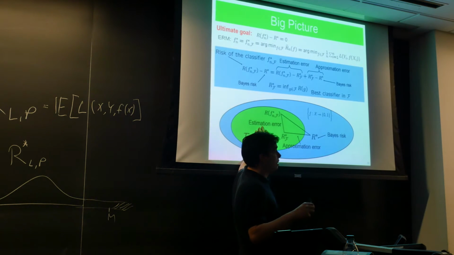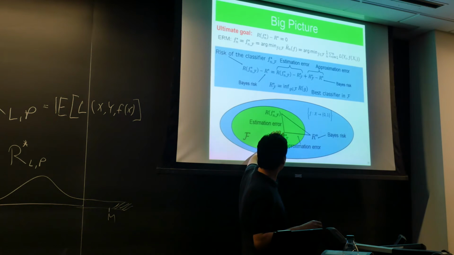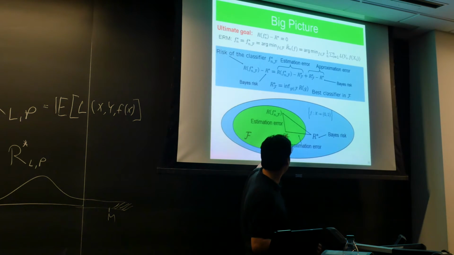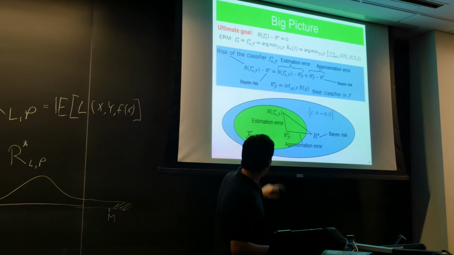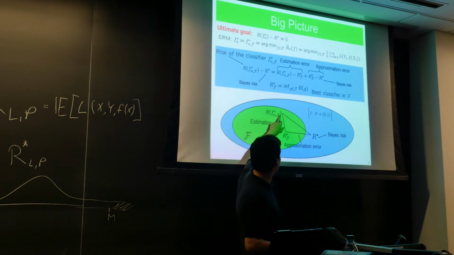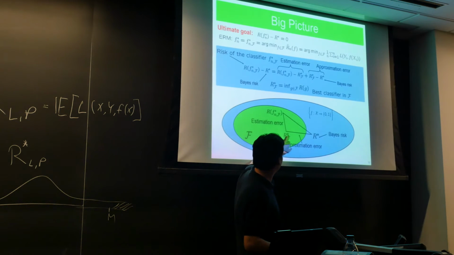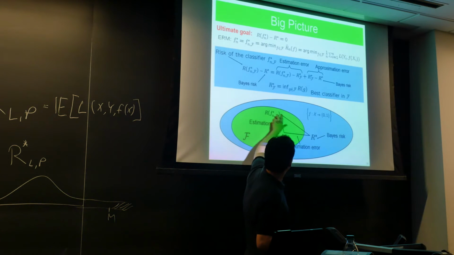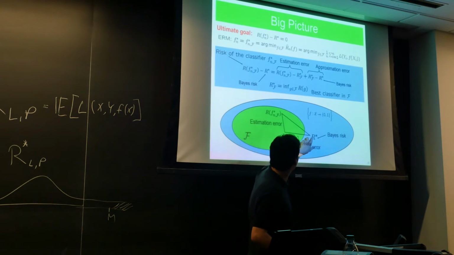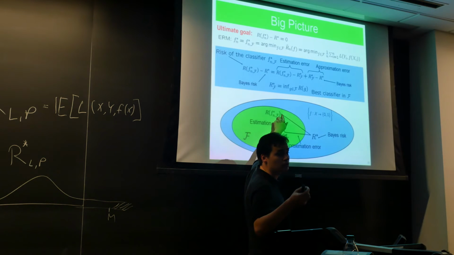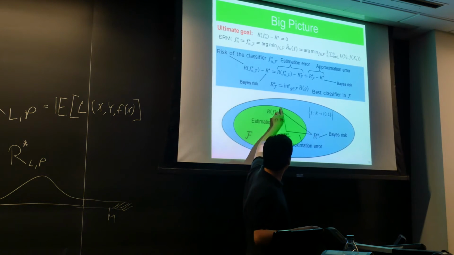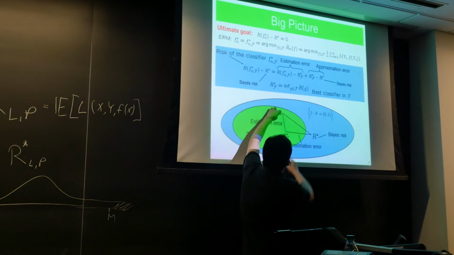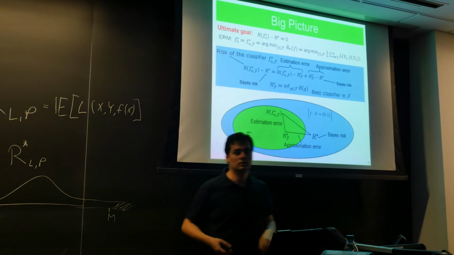This point is the one that minimizes the risk in this set, called R star F. And my algorithm produces f star n, that's this point. We care about this distance here, how far the base risk is from the risk of the function my algorithm produces. I decompose this as the sum of two terms, the approximation error and the estimation error. And I want both of these terms to be as small as possible.